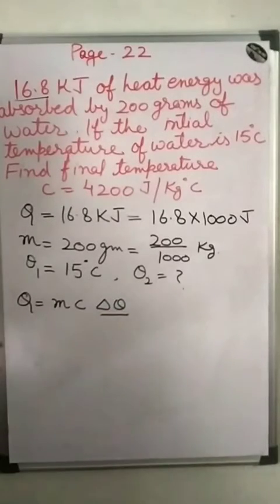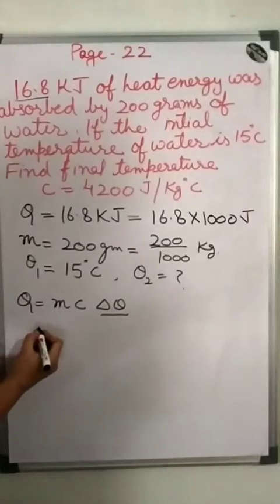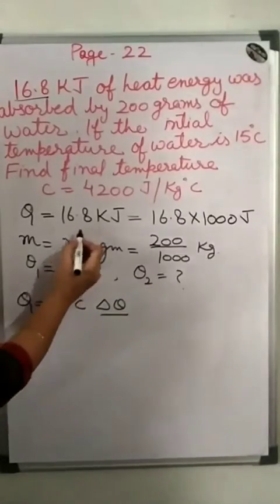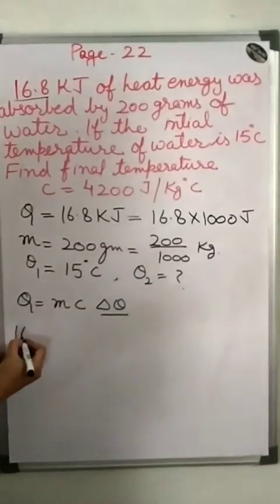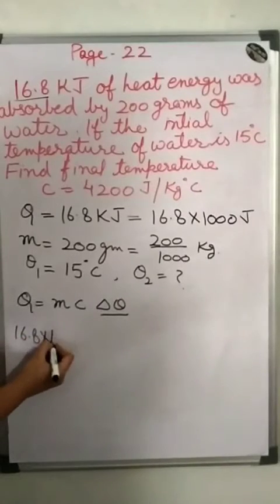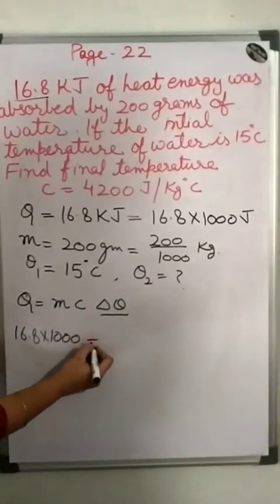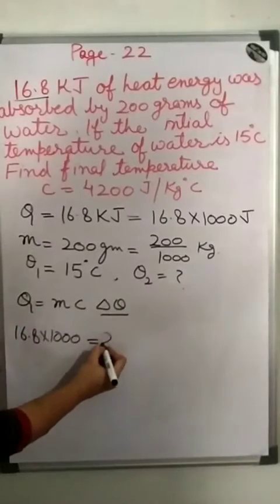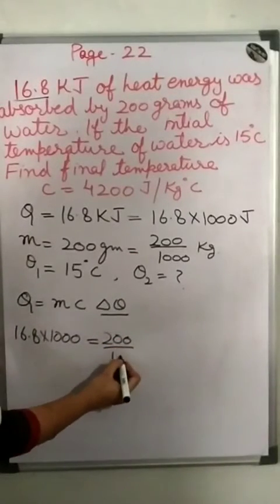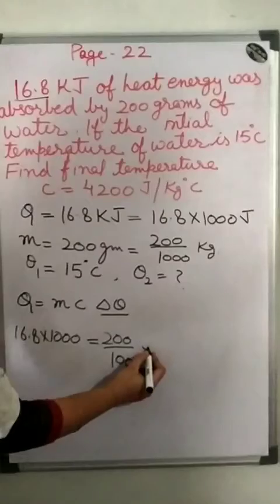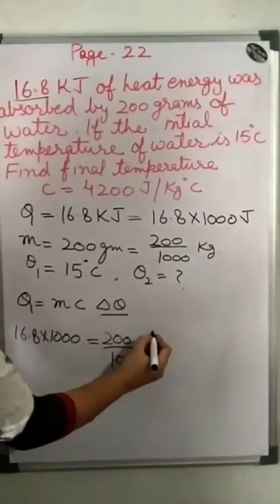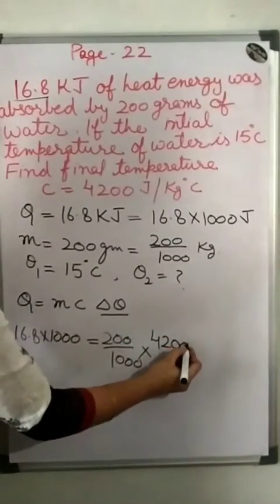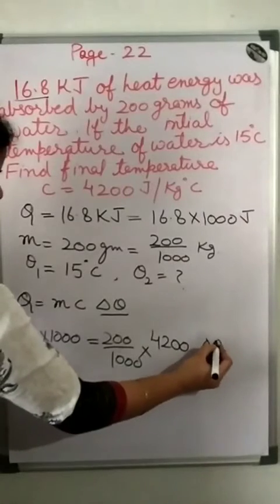First we calculate delta theta from here, and it is Q is equal to 16.8 multiply 1000. So m is equivalent to 200 upon 1000, multiply in place of c 4200, and delta theta.